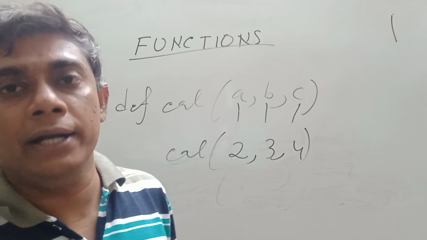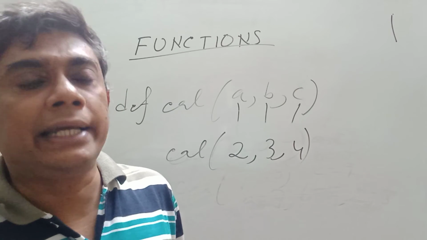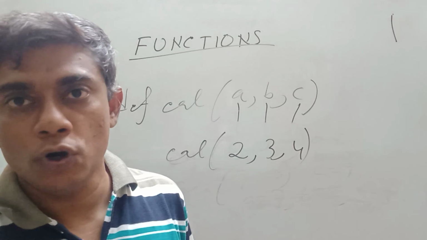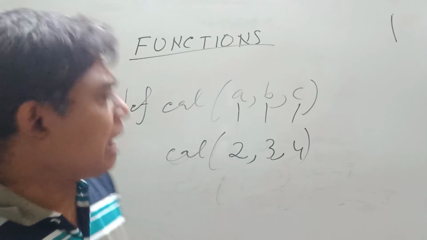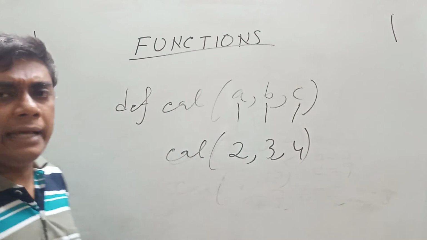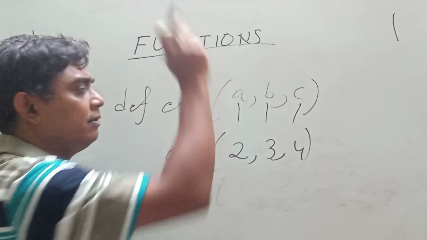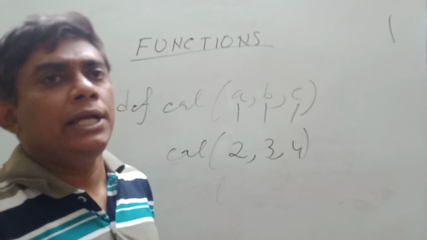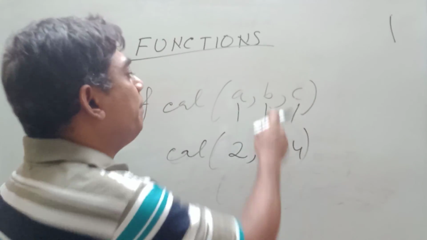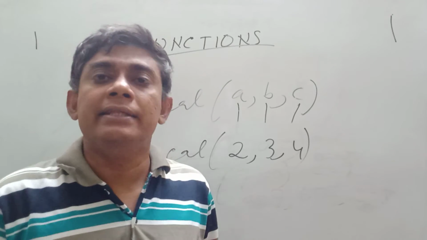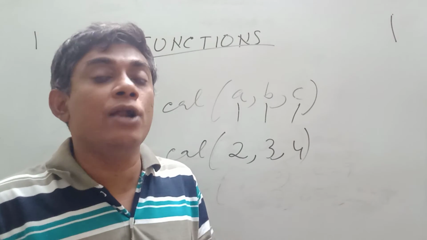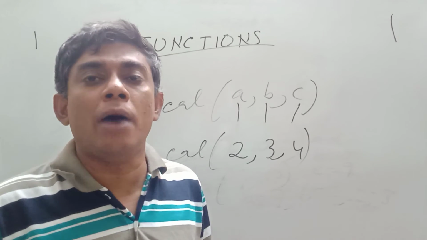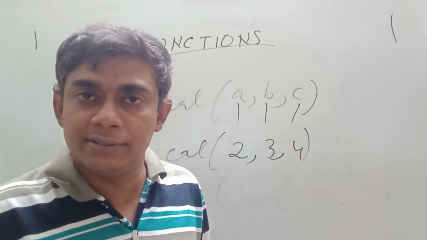Last argument is known as keyword argument or named argument. Suppose in this case there are 3 arguments A, B, C. You want to pass a value for B first, then A, then C. But you cannot do this with the help of positional arguments.